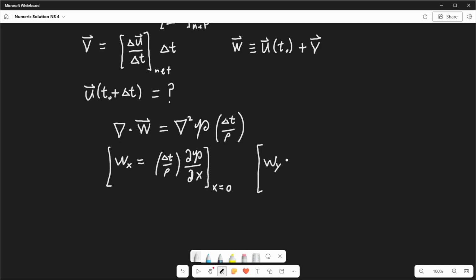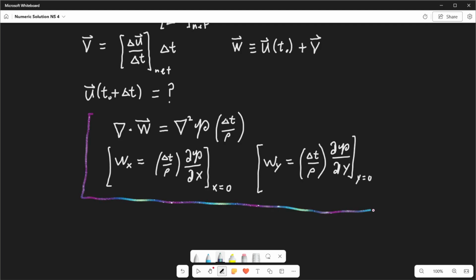Wy equals, again, the constants and the partial differential of P at y equals 0.